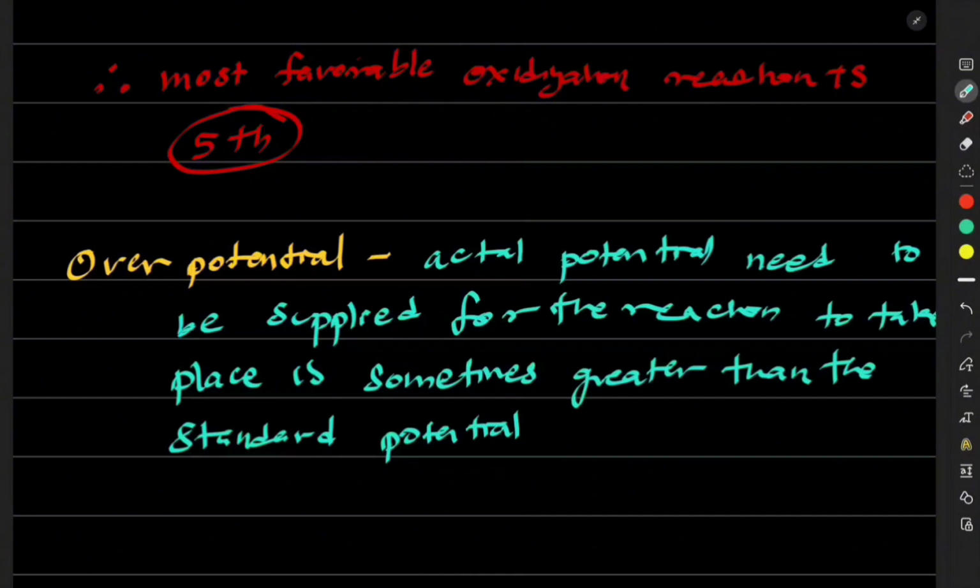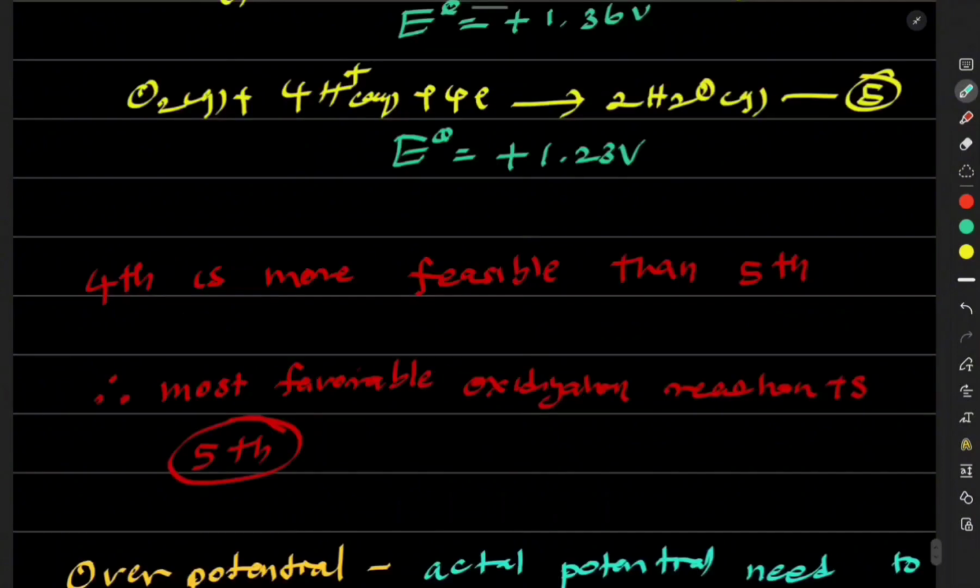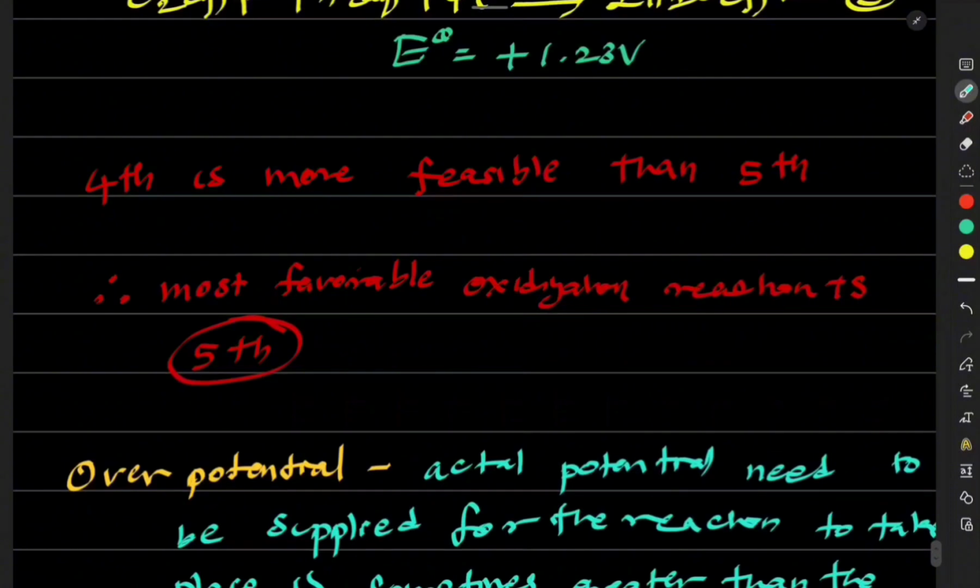In this case, the Cl2 gas is released because the overpotential of reaction 5, which releases O2, could be much greater than that of reaction 4. Therefore, reaction 4 requires less potential to be supplied than reaction 5. This is due to overpotential.